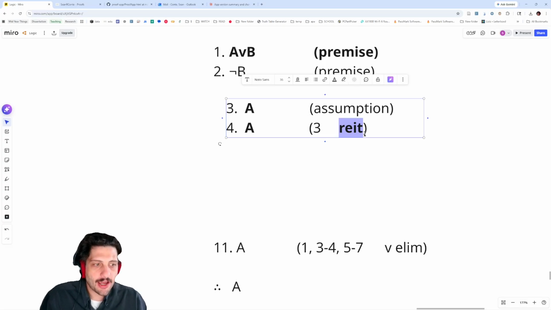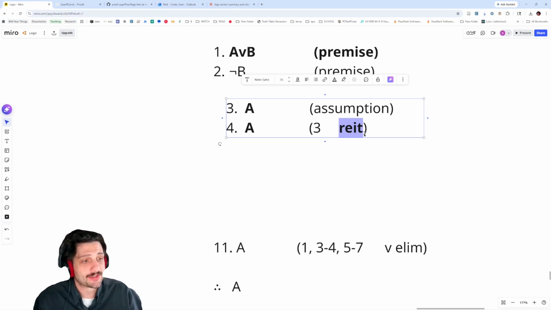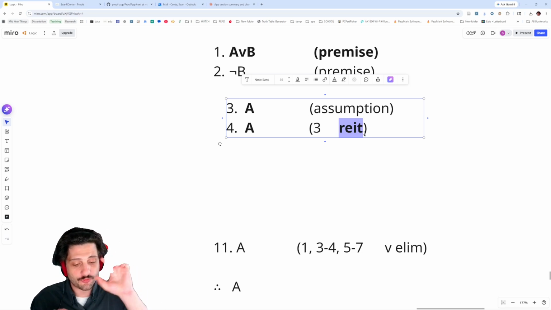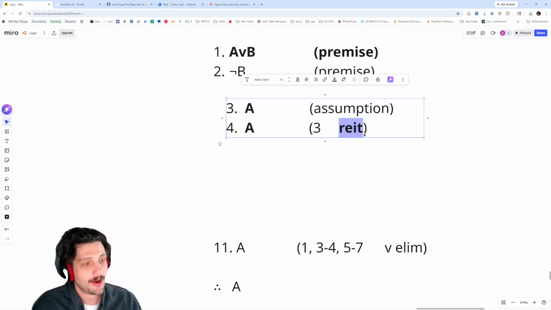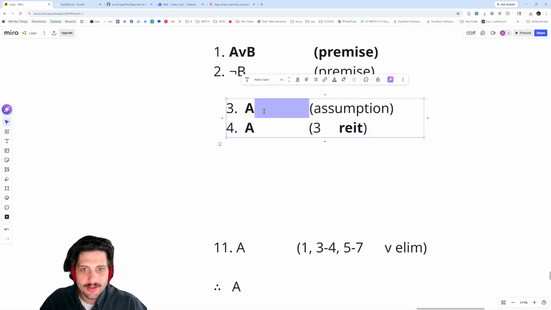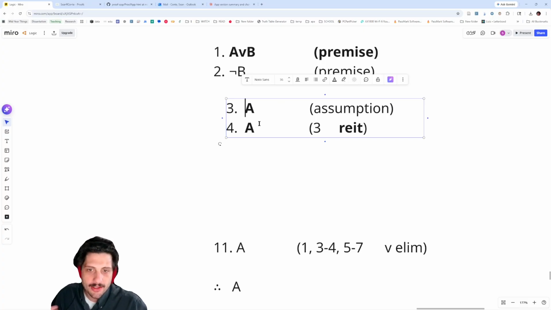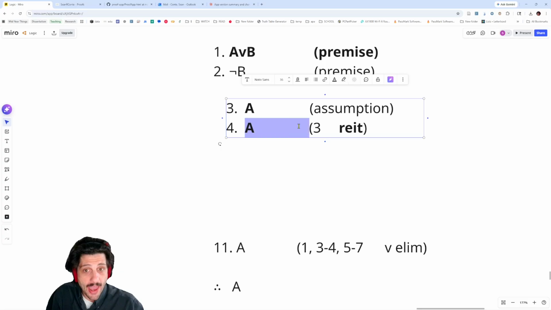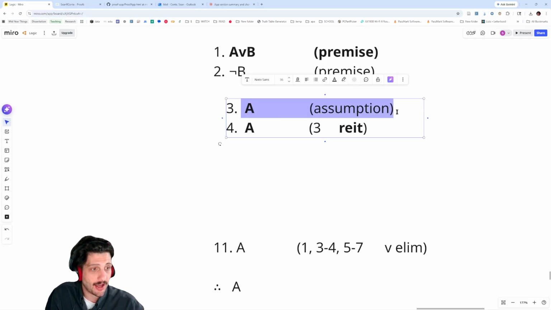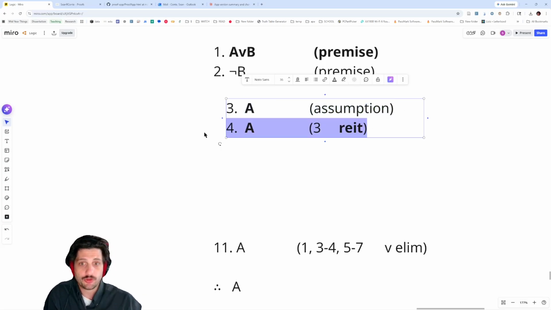From time to time, it's not going to be that often, but it will happen where sometimes it's just important that I repeat this line again, right? Specifically, this will happen in situations where, in order for or elimination to be happy, you better end the proof with exactly the right line. And if you already started off with that line, then all we need to do is just repeat it.